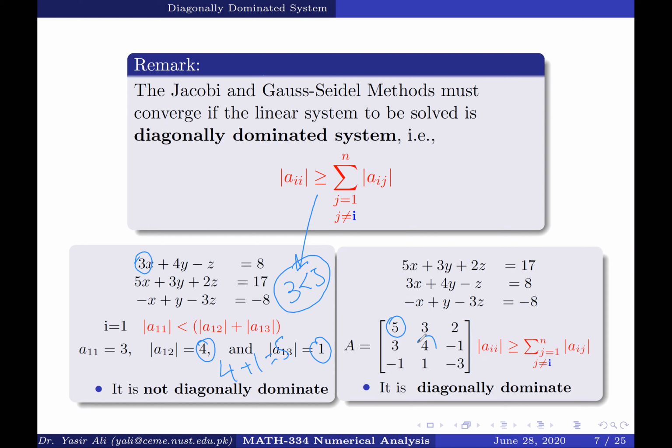The diagonal entry in row 2 is 4, which is equal to the sum of the remaining 2 entries. I'm talking about the absolute value sum. In row 3, the diagonal entry is 3, and the sum of the remaining entries is 1 plus 1, so it also satisfies the diagonally dominated condition for all rows. So we may say the system is now in diagonally dominated form.